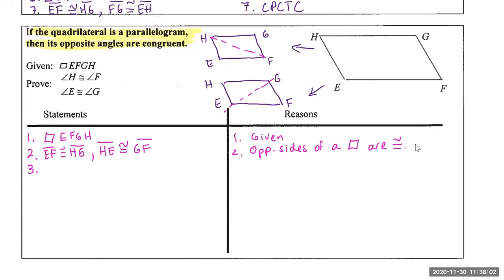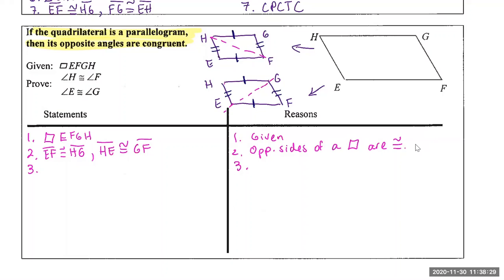Okay, let's go ahead and label that in both sets of triangles, and then I think it's going to become more clear for you guys. So if you know that HG is congruent to EF, go ahead and mark it in both sets of triangles. HE is congruent to GF. What would be the next logical step for you guys to say? If we're trying to prove that both sets of triangles are congruent, very good.